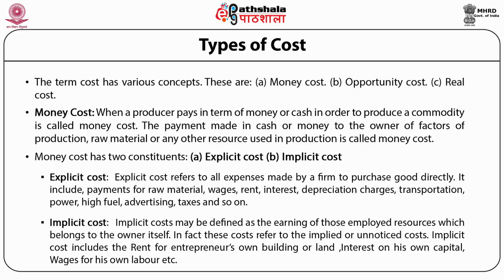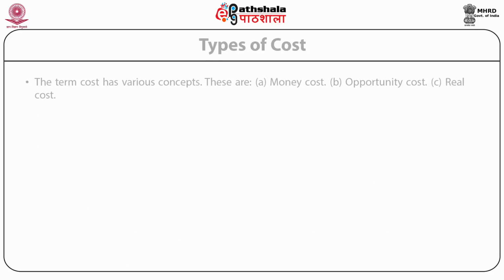Implicit cost includes the rent for the entrepreneur's own building or land, interest on his own capital, wages for his own labor, etc. In short, we can say that implicit costs are the cost of self-owned, self-employed resources.